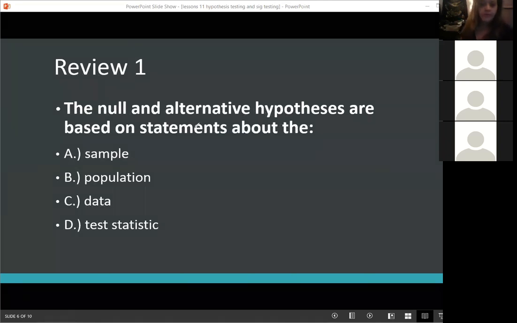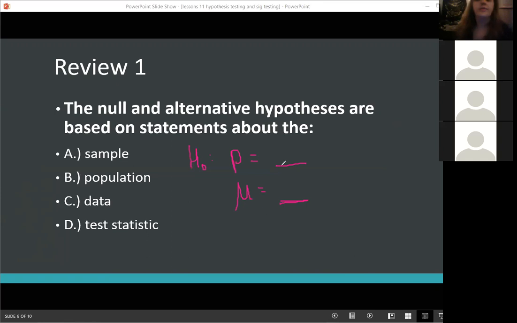So remember, when we were talking about writing our null and alternative hypotheses, I told you that for our null hypotheses, you're either going to have one that says p equals whatever your value is, or mu equals whatever the value is.